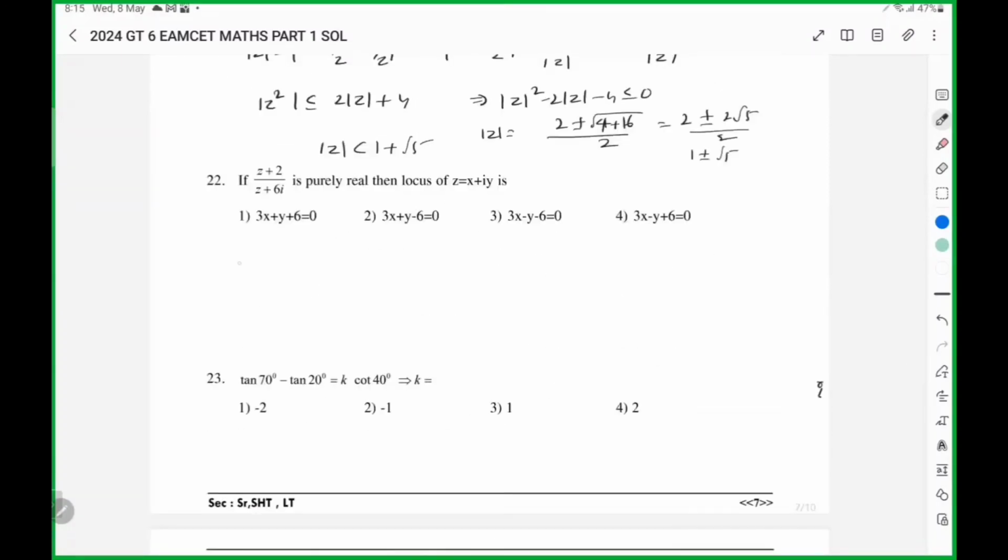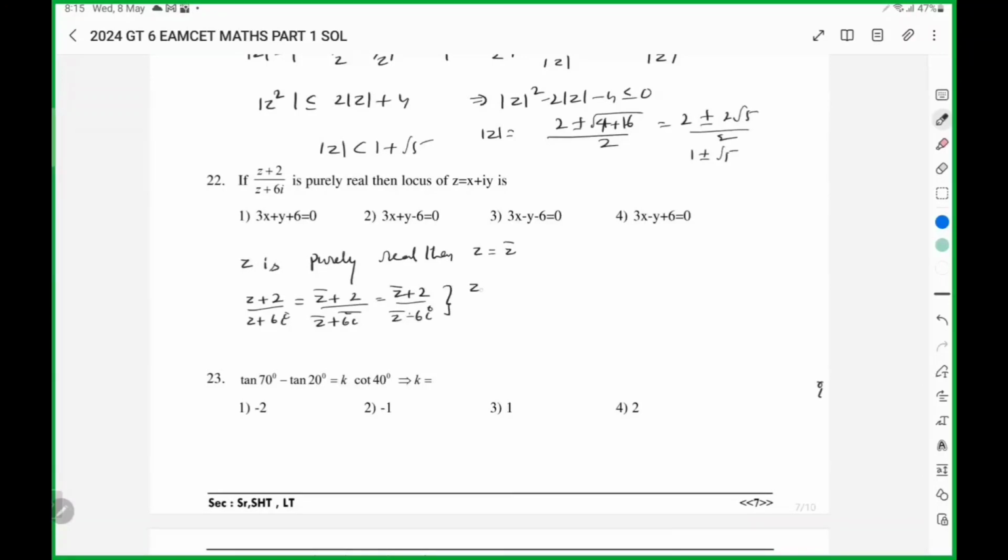So it's purely, z is purely real. Then z equals z bar. z plus 2 by z plus 6i is z bar plus 2 by z bar plus 6i conjugate, that is z bar plus 2 by z bar minus 6i.